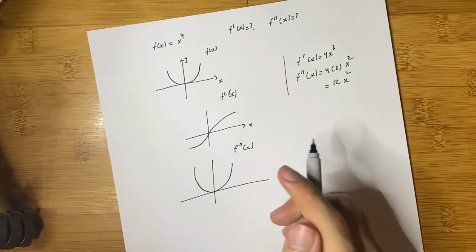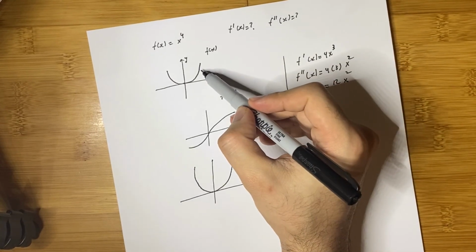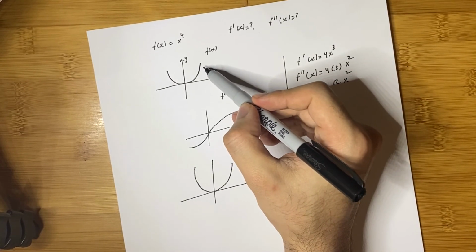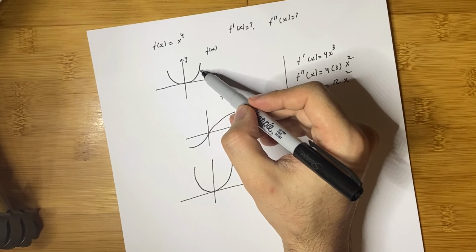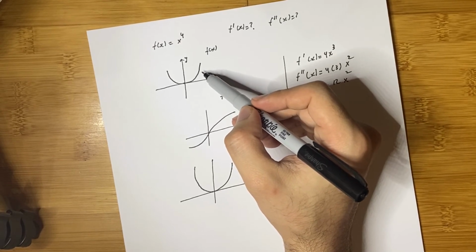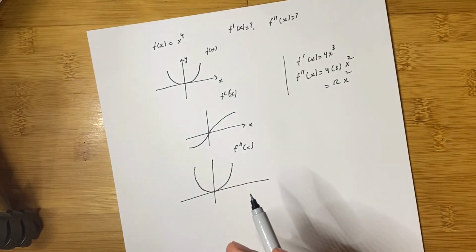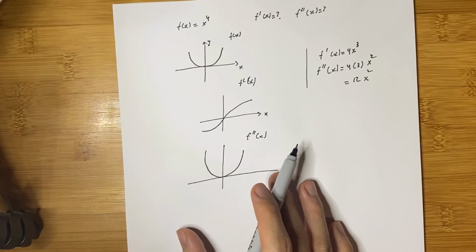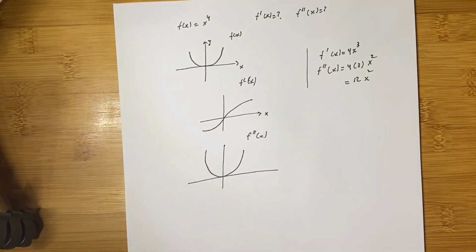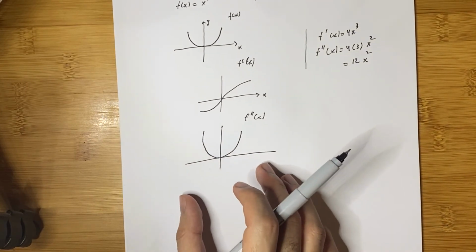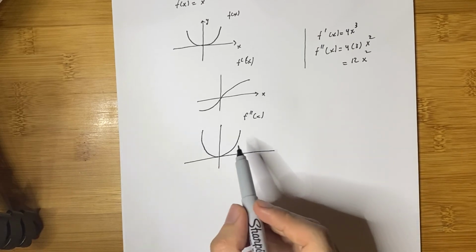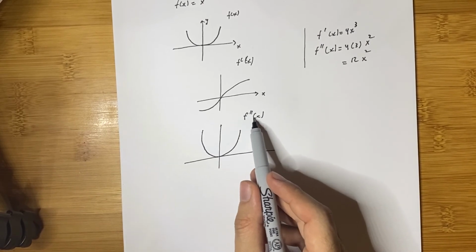So notice here the function is concave up, okay, which means if it's concave up, then the second derivative should be positive. But notice in this example, this is the second derivative.